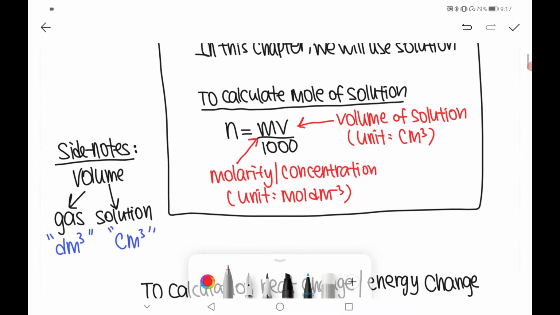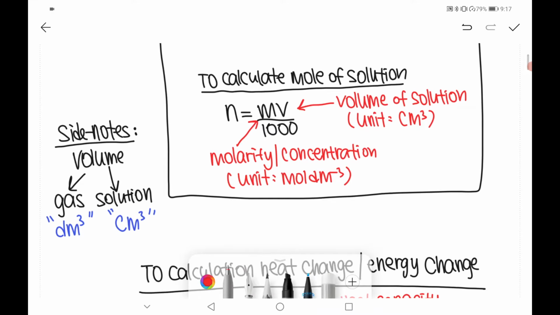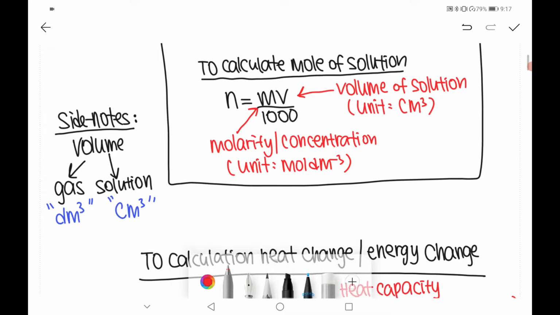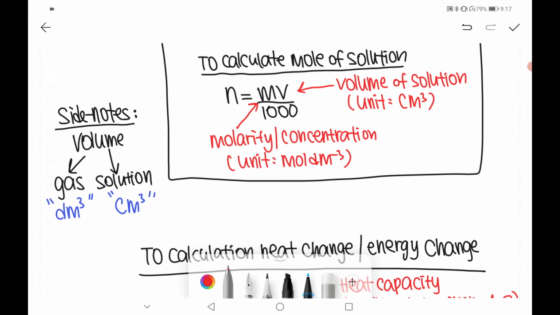You must make sure what is the proper unit, because there are many students who always give the wrong unit. Look at the left hand side here. If you have a gas, the unit always goes for dm cube. Always give the answer in dm cube if you are looking for the volume of gas.